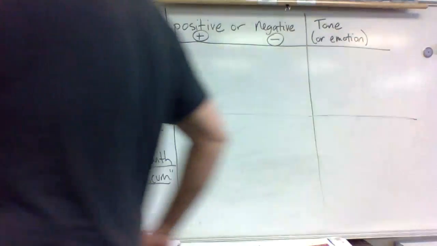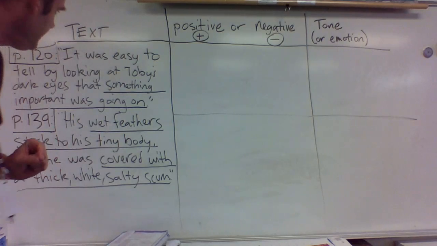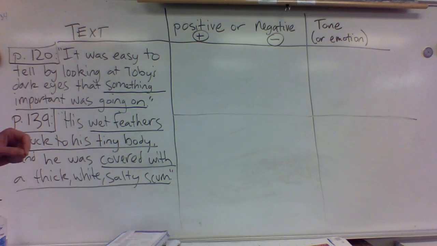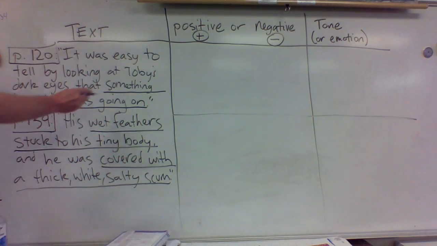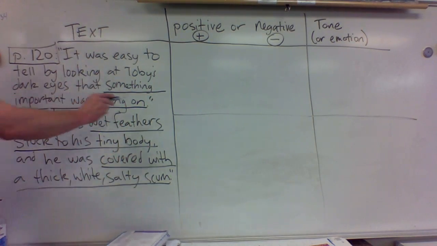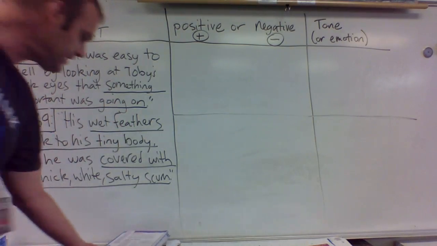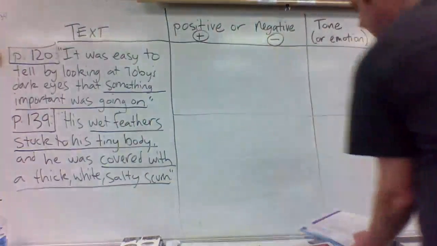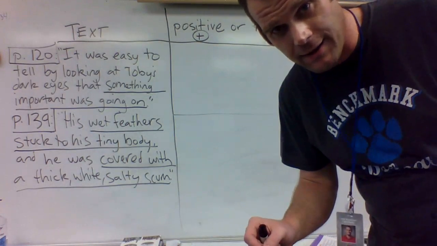So let's take a look at the text from page 120. "It was easy to tell by looking at Toby's dark eyes that, and here's where the underlined passage comes, something important was going on," end quote. All right, if I look at the underlined passage, it means that something important is going on.